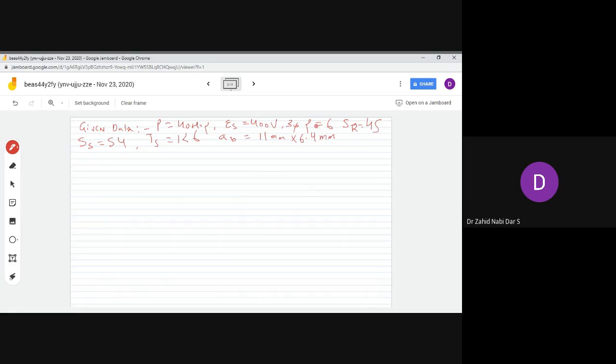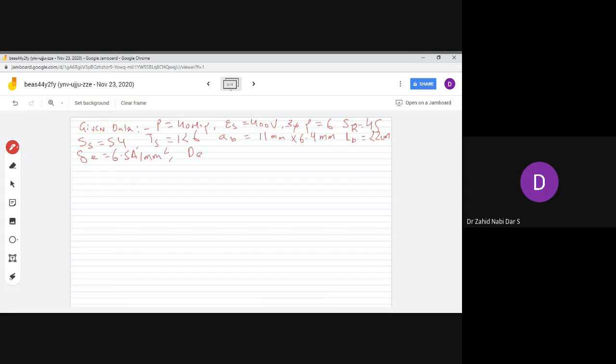The area of the bar is 11 mm into 6.4 mm. Then you have the length of the bar, that is 22 centimeter. Then you have the current density of the end ring, delta E, that is 6.5 ampere per millimeter square.